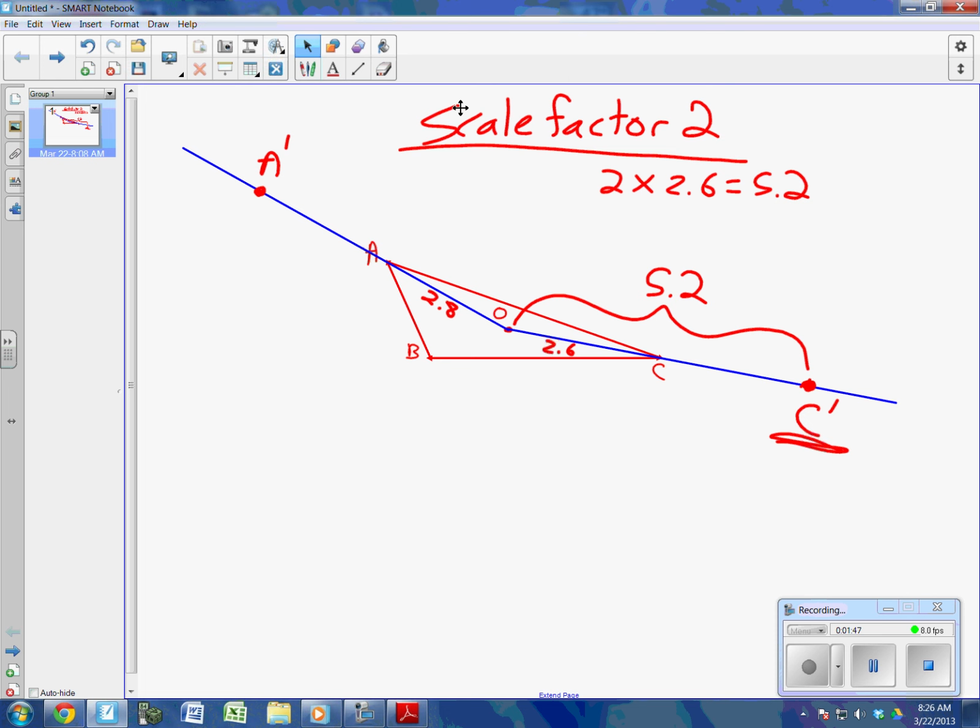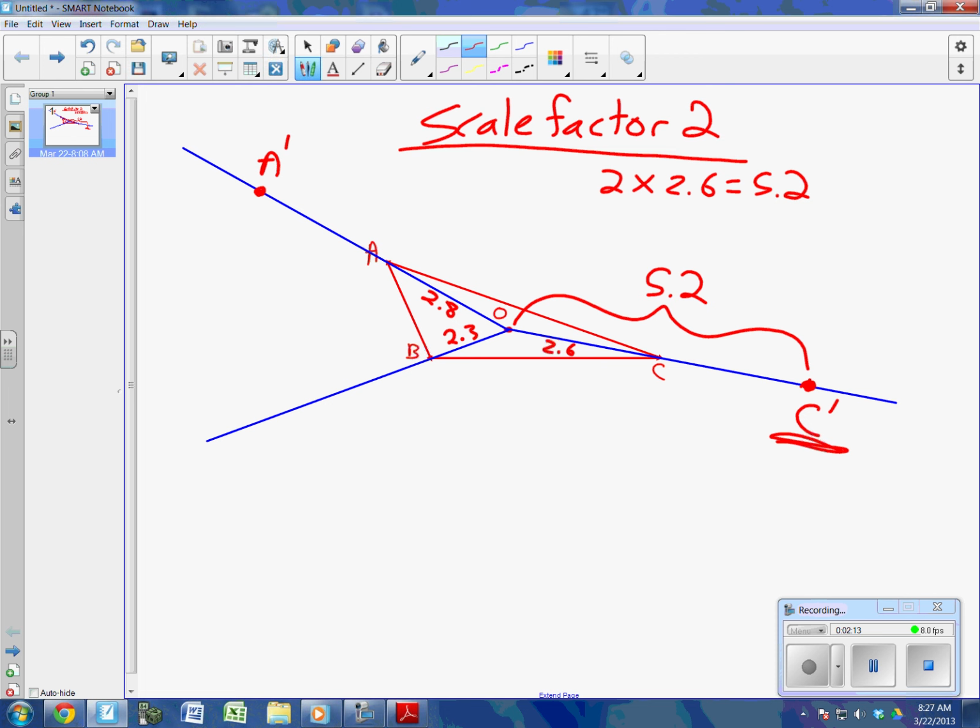So one more time, we're going to draw a line using your ruler from O through B out here. You're going to measure that distance. What is that distance from O to B? 2.3. Anybody agree? Okay, 2.3. Double that, because the scale factor is 2.